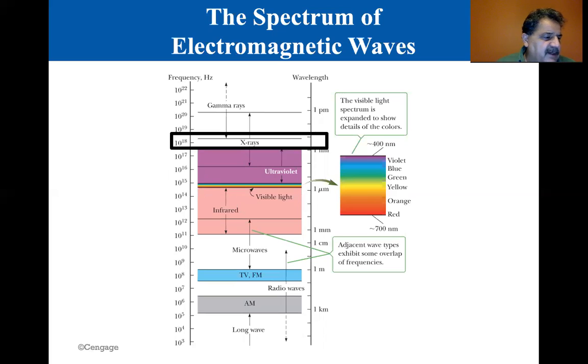X-rays. X-rays are electromagnetic waves with wavelengths from about 10 nanometers down to 10 to the minus 4 nanometers. The most common source is the acceleration of high-energy electrons bombarding metal targets. They penetrate and can easily damage or destroy living tissues.